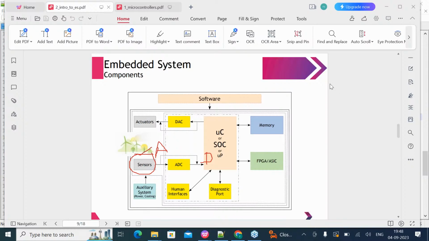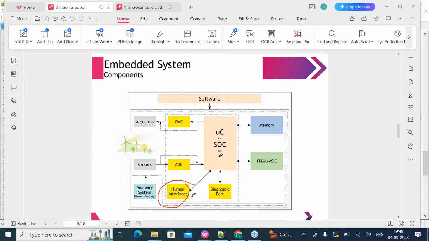Then later, another important component in your embedded system might be human interfaces. Human interfaces, a lot are there. You can see the LEDs, like in your laptop, are you able to see the LED?